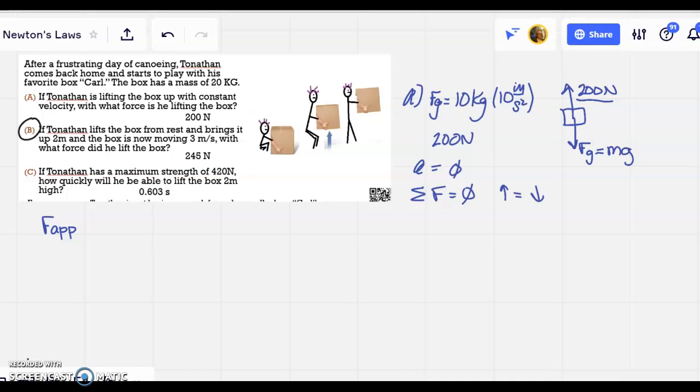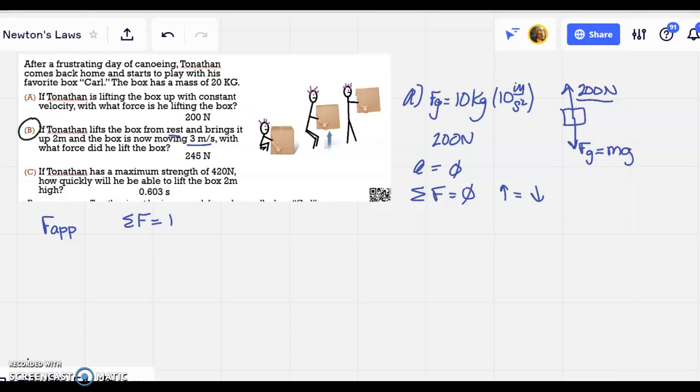Okay, so part B is a little different because in part B, he's starting at rest while it's on the ground again, but this time he's lifting it. It starts from rest, and then after 2 meters, it's now moving at 3 meters per second. That implies that it's accelerating. And so if an object is accelerating, that means there's a net force. Net force is the sum of all the forces.